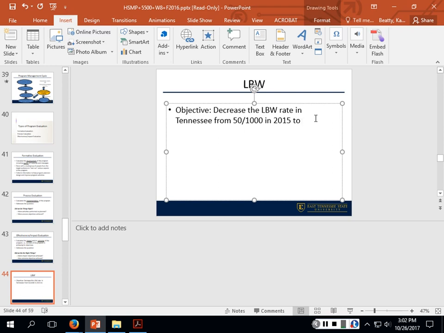That would be overly ambitious, which means you're setting yourself up to fail. Don't do that in your project. To 40 per 1,000 by 2025.